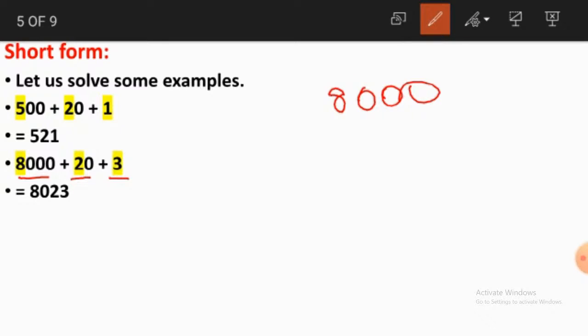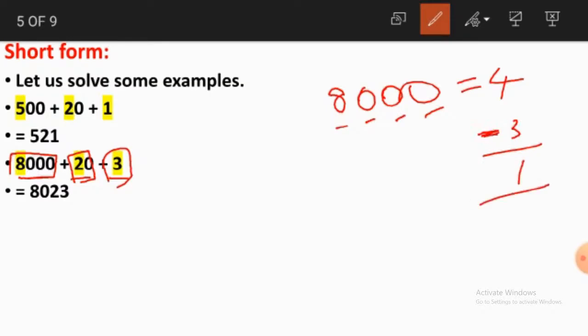Now how many digits does 8,000 have? 1, 2, 3, 4. How many digits, children? 4 digits. In the question there are only 3 terms. First term, second term and third term. There are only 3 terms. 4 minus 3, 1 term is missing.